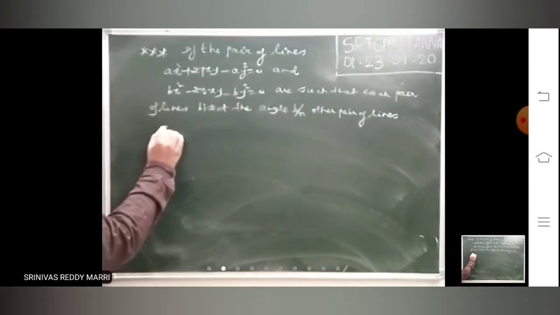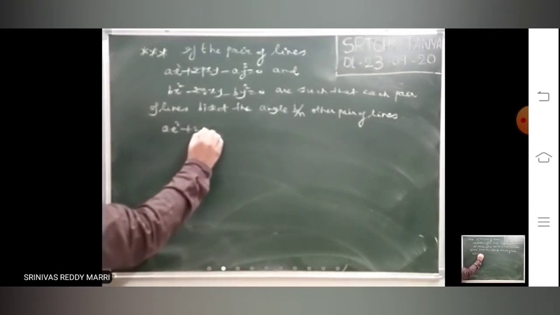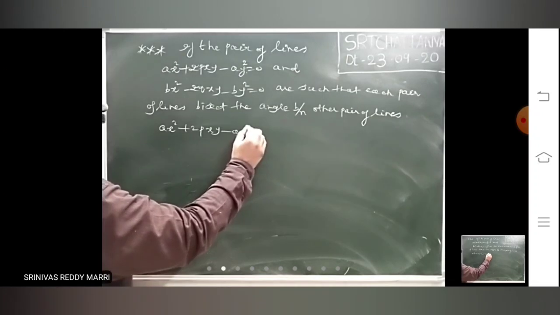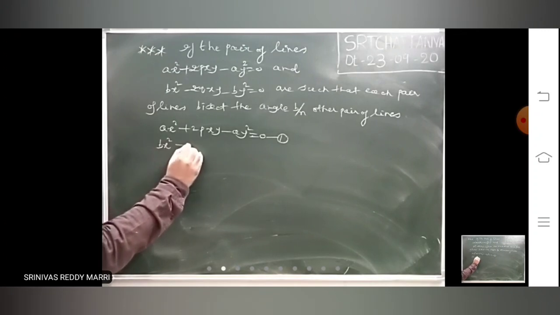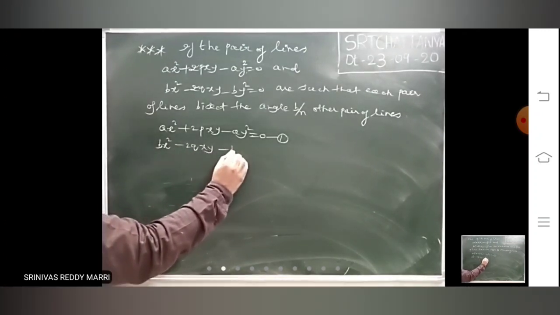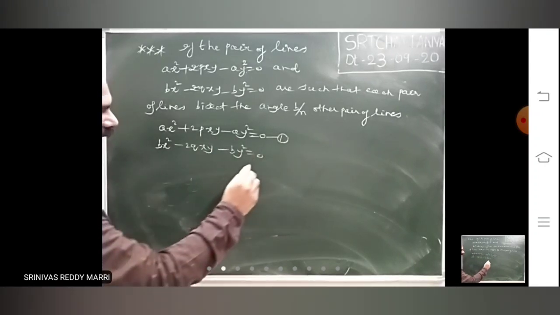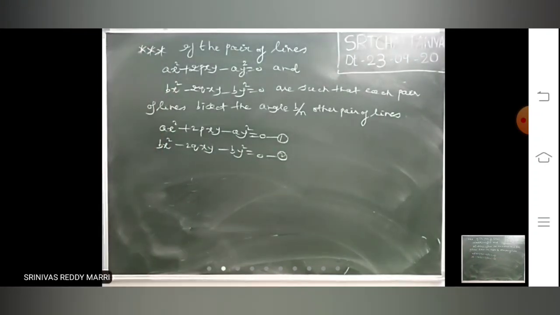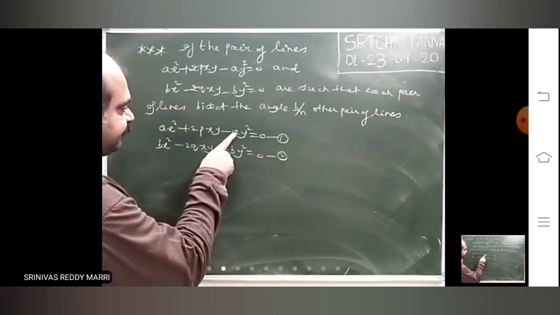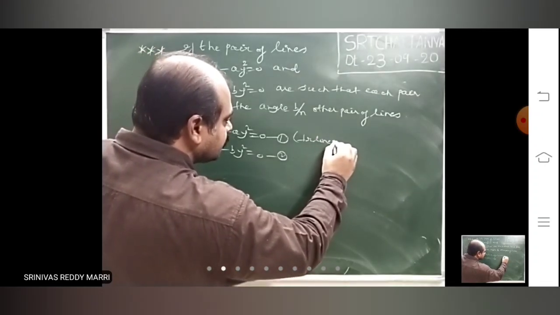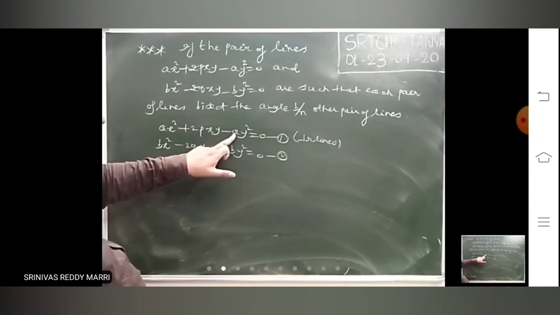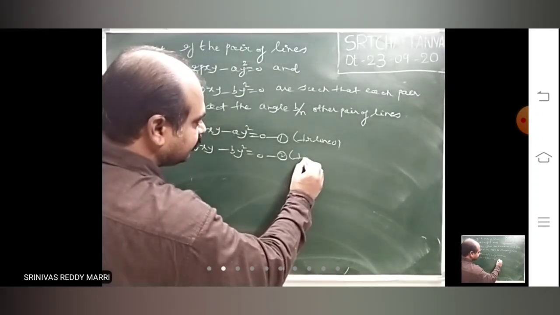There is one pair of lines. Let us take the first equation, and let us take the second equation. For this model, the way to do it is to take the first equation and the second equation. If you look at it, a plus b is what? 0. That means they represent perpendicular lines. These two are perpendicular: the coefficient of x square plus the coefficient of y square is 0.